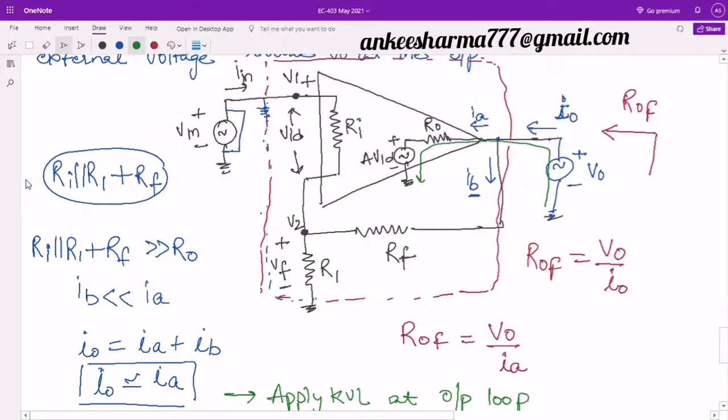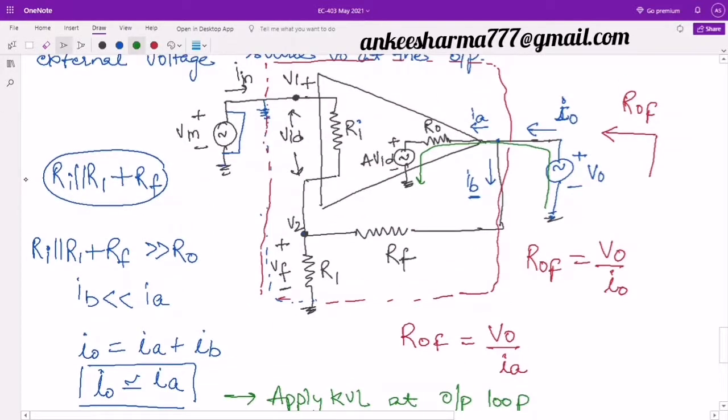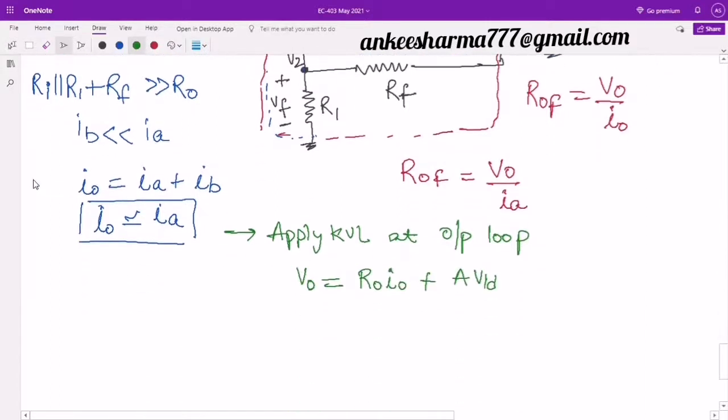So V naught is equal to R naught into I naught plus A VID. From here, can I find the value of I naught? I naught is equal to V naught minus A VID, divided by R naught.